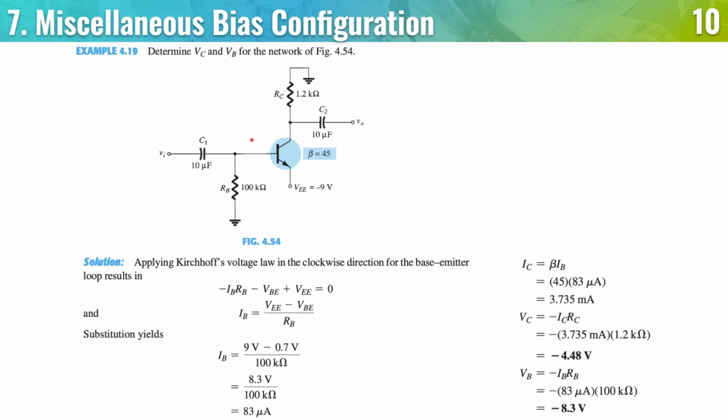So negative 8.3 is more positive than negative 9. So that's why it is going this way. We also have 0. So if 0 is going to negative 8.3, then 0 going to a lower value is also correct. So again, if you have a negative voltage source, always check the direction of your voltages and currents.